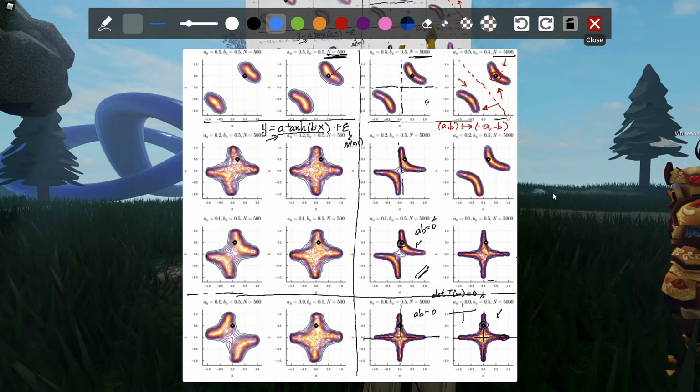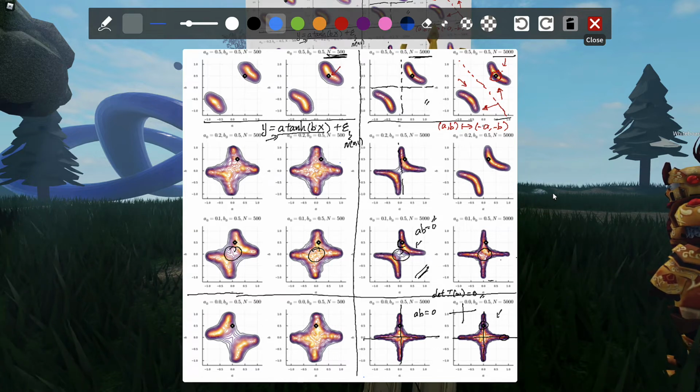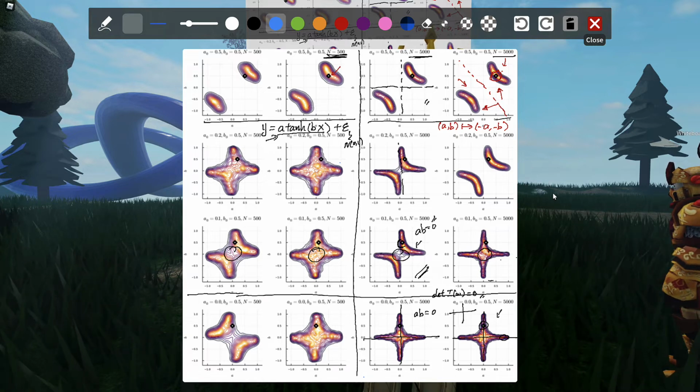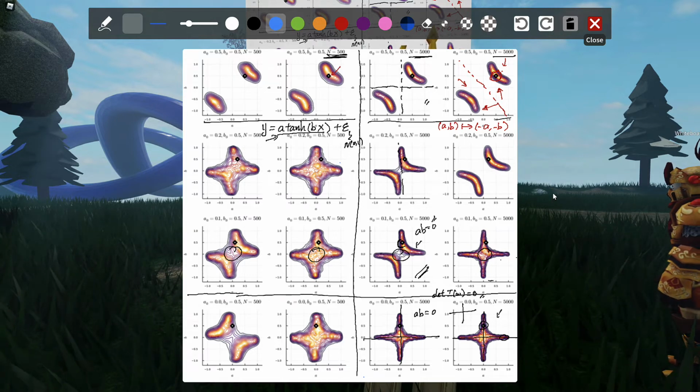In which case, the point AB equal to 0, 0, the origin, is a singular point of the Fisher degeneracy locus, and that's where things are most singular, and the RLCT is the largest.